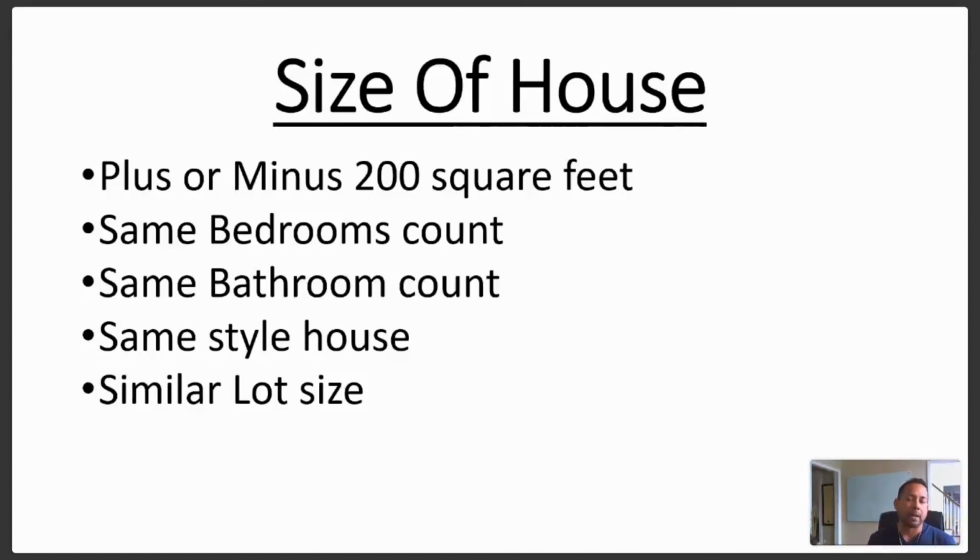But I also will say this. Let's just say we have a 3-bedroom, 2-bathroom, 1,500 square foot house that recently sold in the last 30 days, in the same block. Let's say it sold for $200,000.